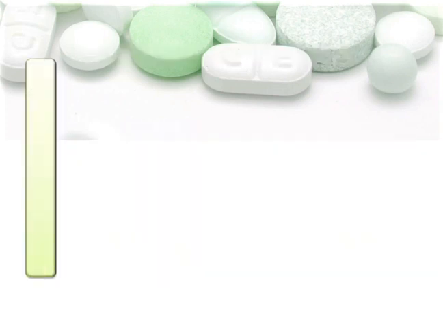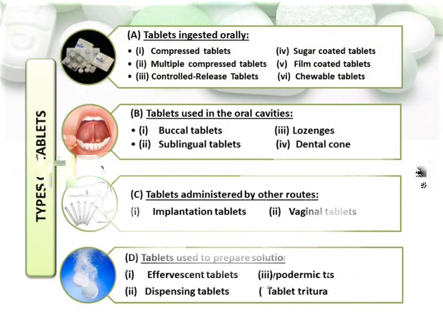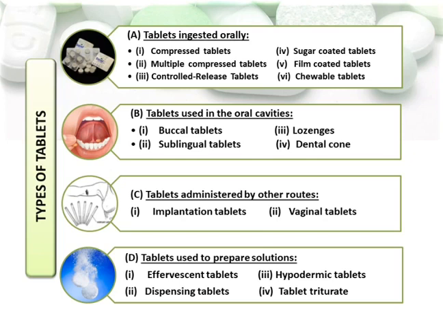Now, what are types of tablets? Tablets can be classified as tablets ingested orally, tablets used in oral cavities, tablets administered by other routes, or tablets used to prepare solutions. Tablets ingested orally are further subdivided into compressed tablets, multiple compressed tablets, controlled release tablets, sugar coated tablets, film coated tablets and chewable tablets.